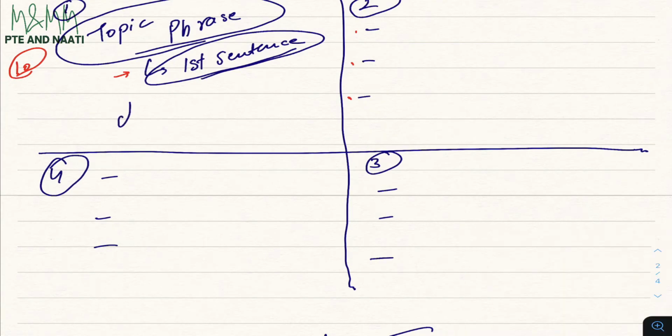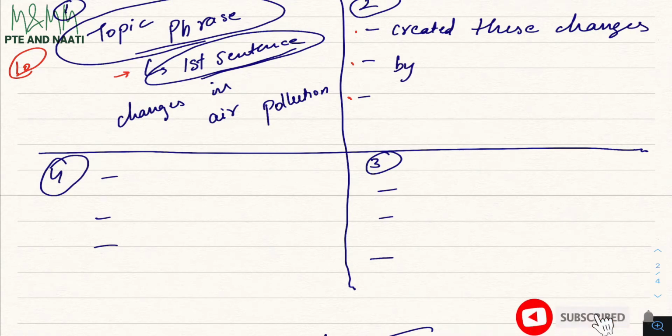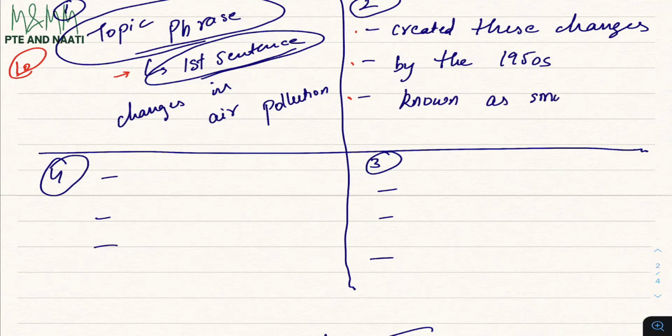In today's lecture, I'm going to talk about changes in air pollution since the middle of the last century and what has created these changes. So, by the 1950s, air pollution was very visible, with frequent thick black fogs known as smogs in many large cities around the world.